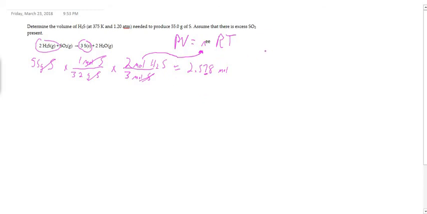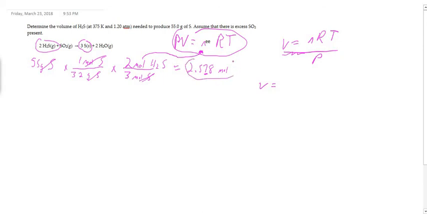I'm asking for a volume, so I'm going to rewrite that universal gas law: the volume equals nRT divided by the pressure. So volume equals n.